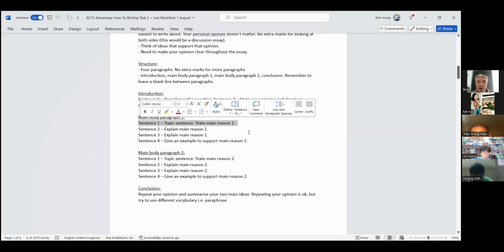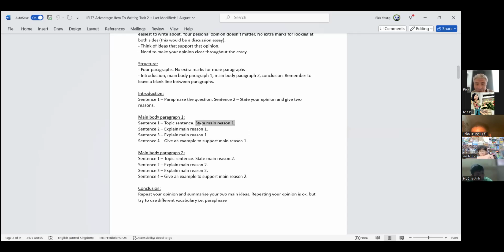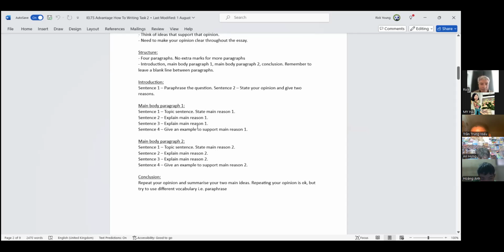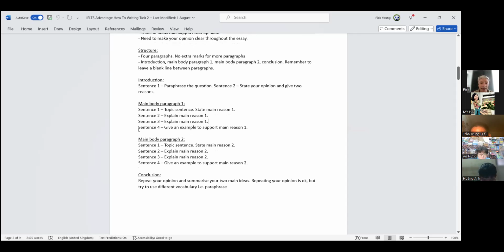This is where you give your main reason for believing something, or you give your main problem, if it's a problem solution essay, or you give your main advantage, if it's an advantage disadvantage essay. Then you need to give 2 reasons explaining your topic sentence. Give you more examples about this shortly. And finally, the last sentence of each main body paragraph should be an example.